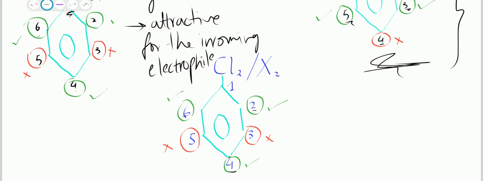So it's going to pull the electrons of the pi system of the ring towards itself as well. And thereby it will be allowing position number 2, 4 and 6 to become activated.